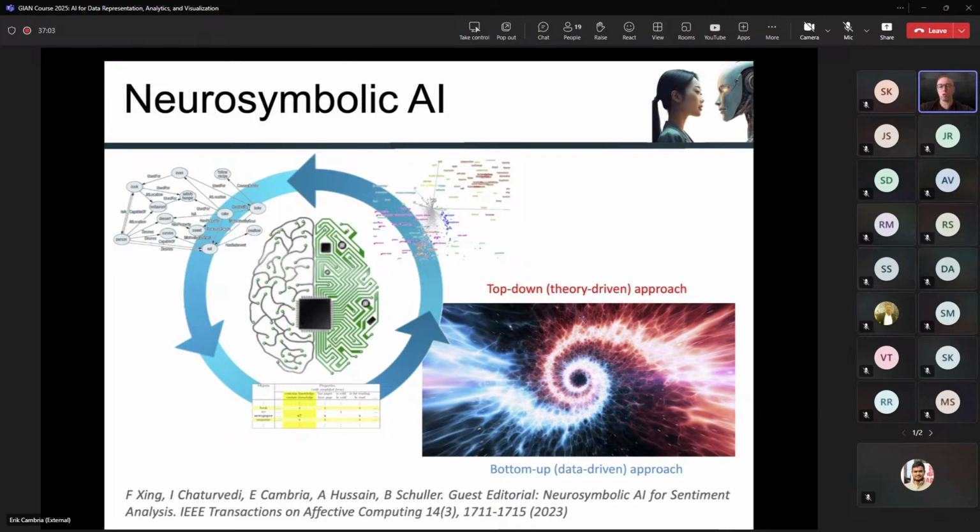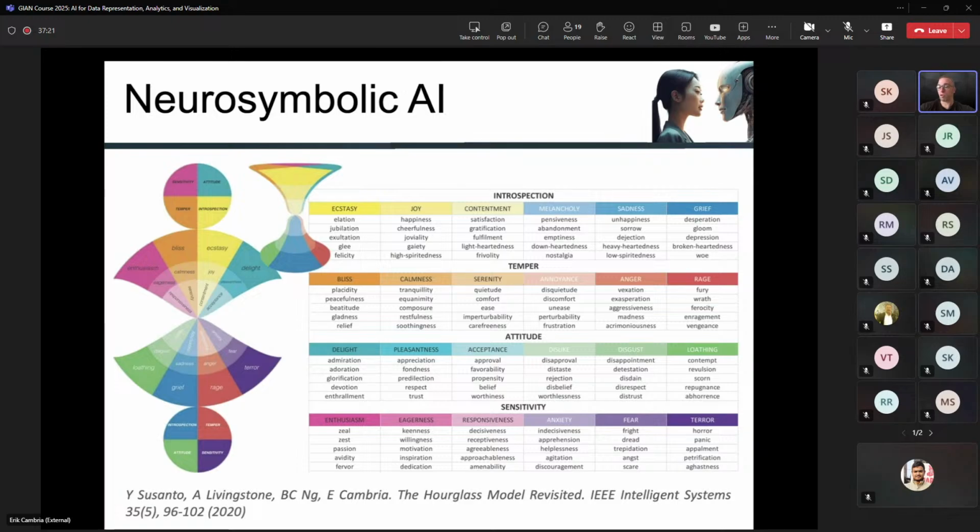This is how we do neurosymbolic AI in my group, and with particular focus once again on affective computing. So maybe all the things that I'm saying here will not be perfectly transferable to some other domain, but you can try, and I'm also happy to discuss that or even work together on another topic.